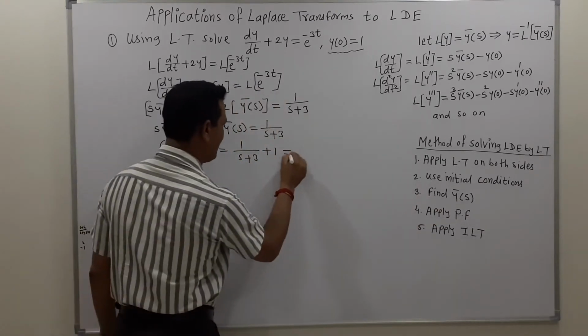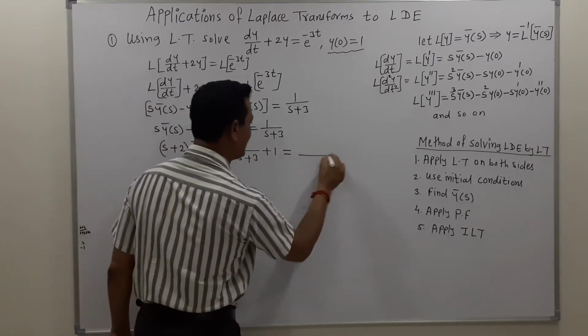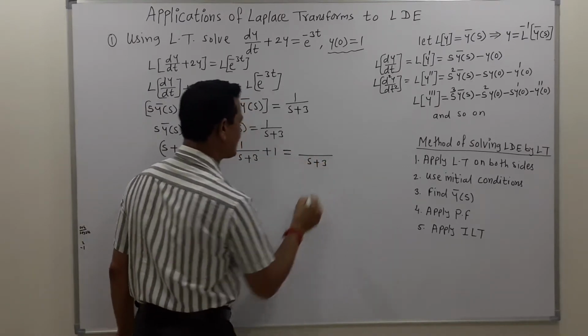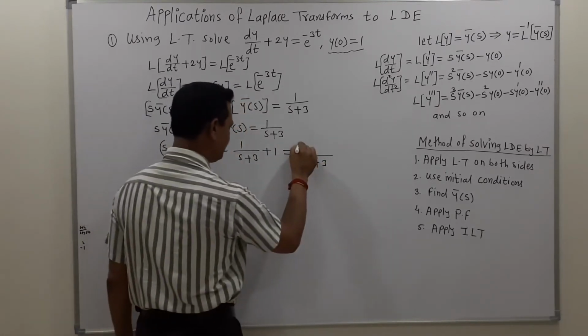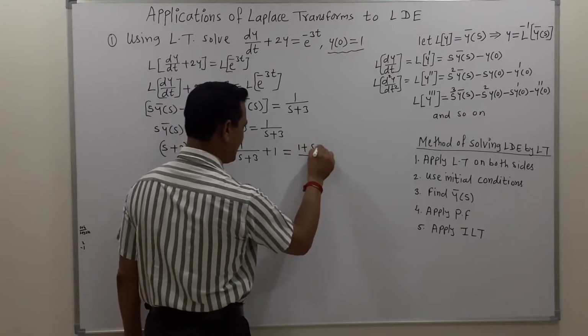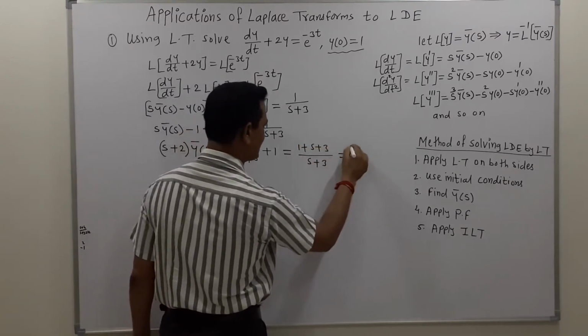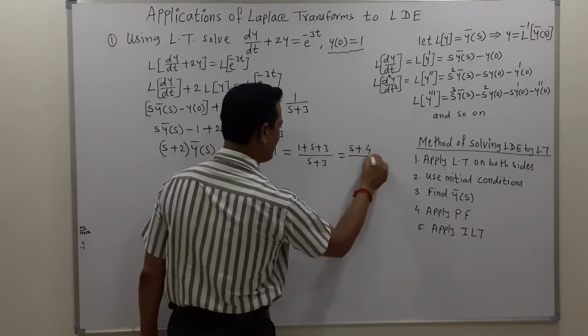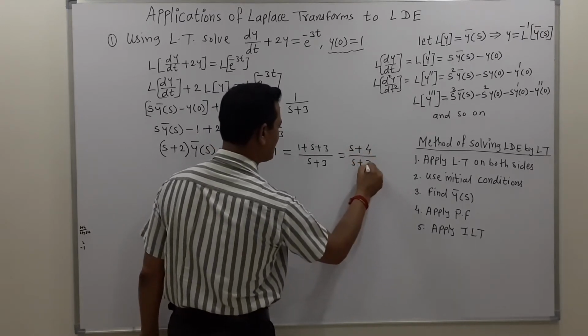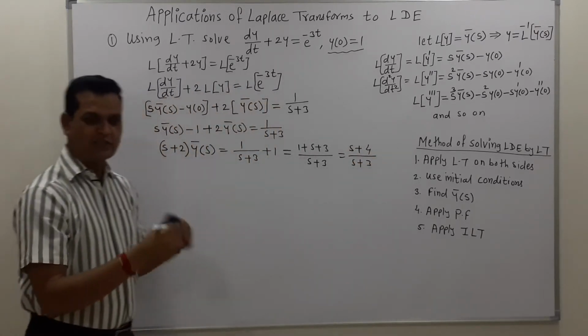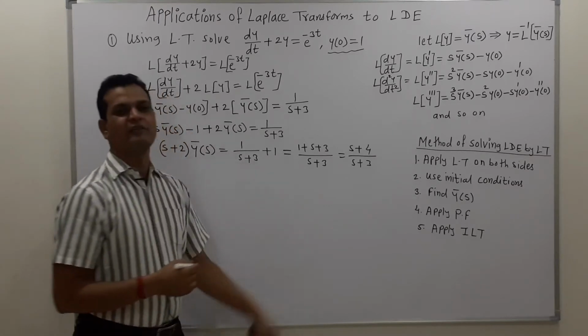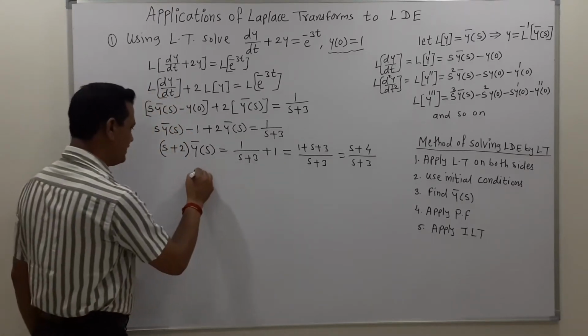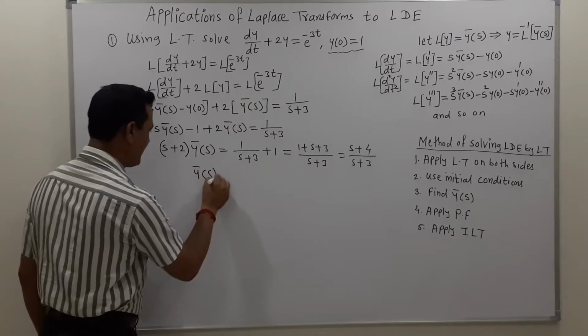So rearrange this equation and try to find the value of y bar of s. If we simplify the right hand side, we get the denominator s plus 3 as it is, then this is 1 plus s plus 3, so we get s plus 4 upon s plus 3. So first simplify the right hand side of this equation, then find the value of y bar of s.